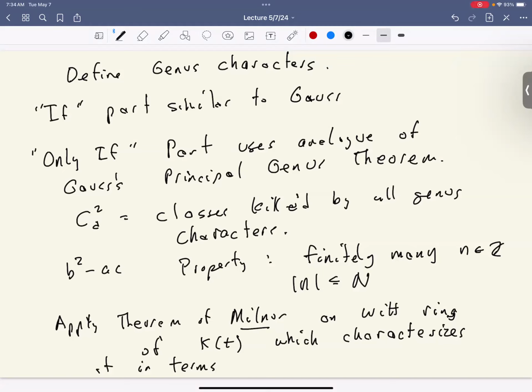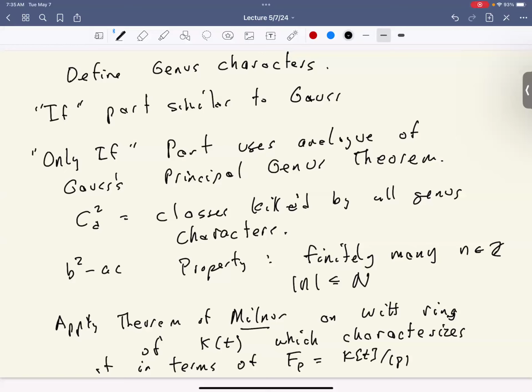In fact, his theorem is in terms of the residue class fields. So let me just call them F_P. What is this? This is K[T], this ring modulo P. So the usual kind of field.